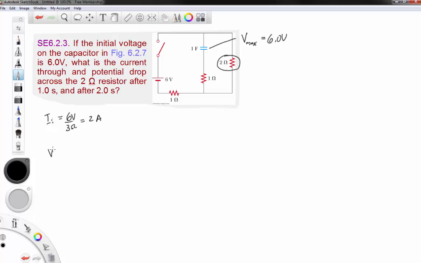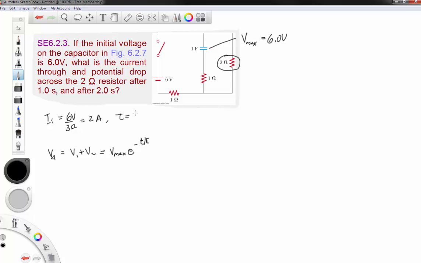So the way the voltage works is that this voltage drop will equal this pair of voltage drops. So V discharging for the capacitor is V1 plus V2, and that's true at all times. But this is in turn equal to whatever the maximum voltage is times e to the negative t over tau.